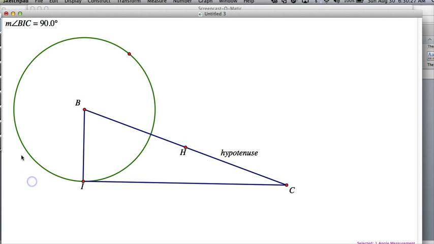Again, Sketchpad will indicate that with a box if we label the angle. So by all accounts, we've successfully made a right triangle, which means that the radius is perpendicular to segment CI at this point I, which means that point I is a point of tangency and segment CI is a tangent segment.